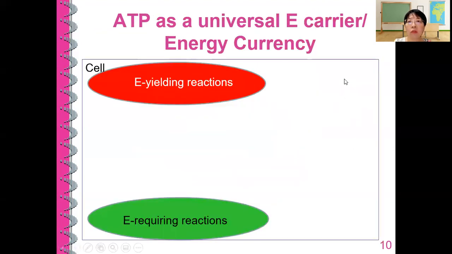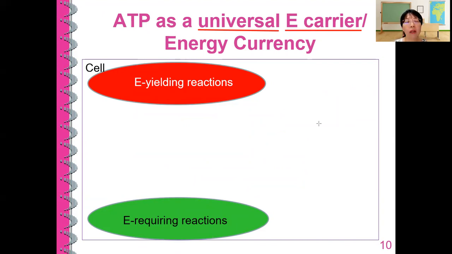Okay, so now I'm going to explain why ATP is considered as a universal energy carrier as well as energy currency. Universal means that it is an energy carrier in all the cells, in all the organisms on Earth.